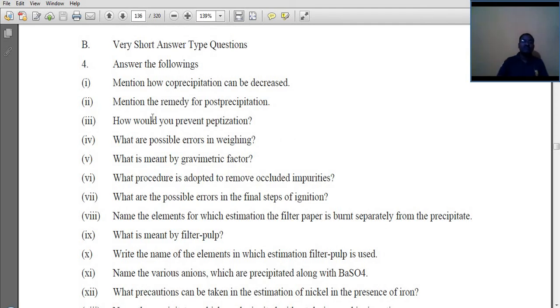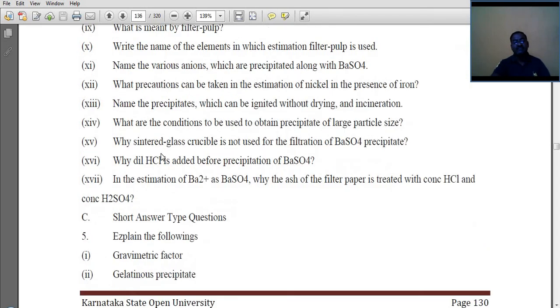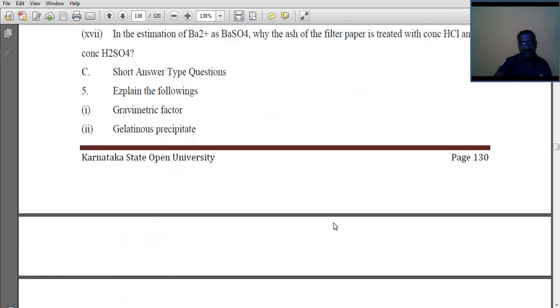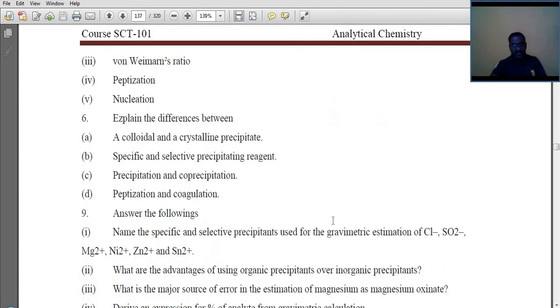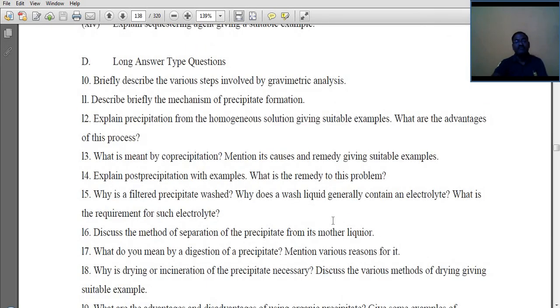Important questions are: mention how co-precipitation can be decreased, mention the remedy for post-precipitation, how would you prevent peptization, what are possible errors in weighing, what procedure is adopted to remove occluded impurities, name the precipitate which can be ignited without drying or incineration, and gravimetric factor, peptization, nucleation. These are all very important questions that came in the first semester's examination.